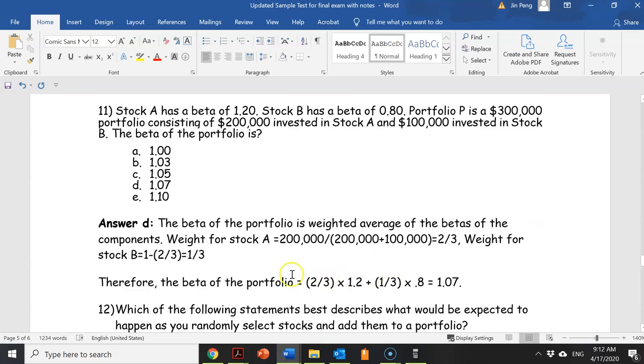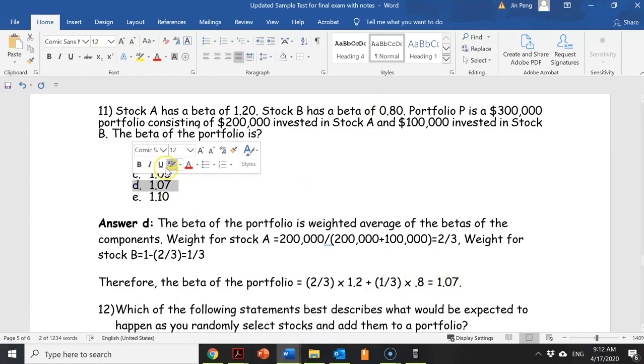Okay, so the beta of the portfolio is 2/3, the weight for stock A, multiplied by the beta for stock A, which is 1.2, plus the weight for stock B, 1/3, multiplied by 0.8, the beta for stock B, so it's 1.07.